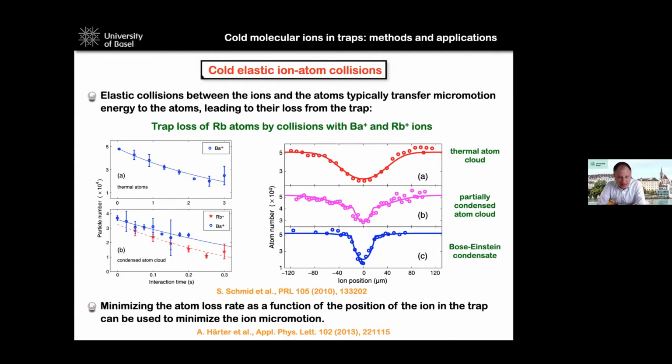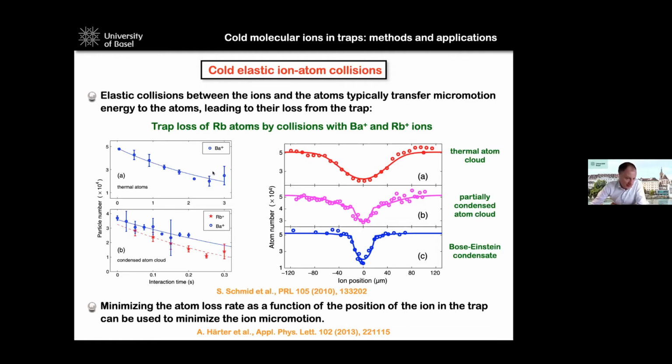And this is one of the very first results that came out of this field from Johannes Denschlag's group in Ulm, where they had an experiment where they trap barium ions together with rubidium atoms. And of course, the simplest types of collisions that can happen here are elastic collisions.